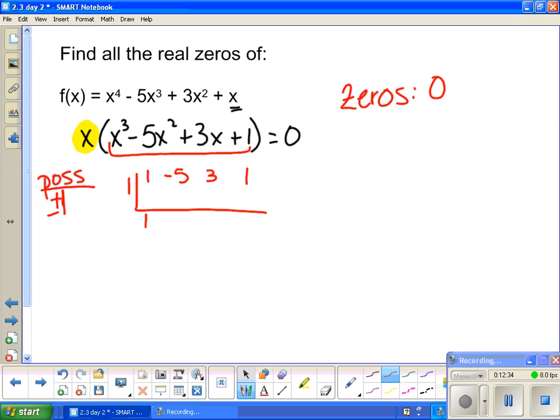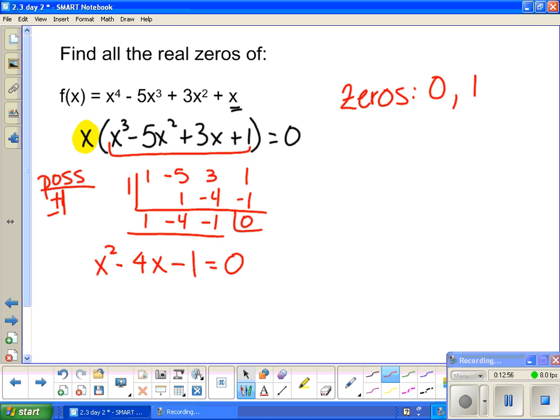That's 1, negative 4. Okay, so 1 is also a 0. Now I have this left, which is x squared minus 4x minus 1 equals 0.